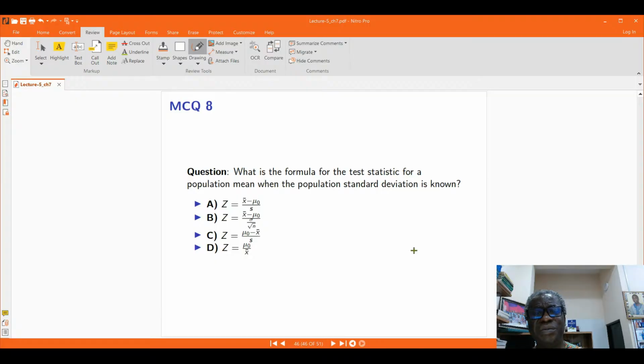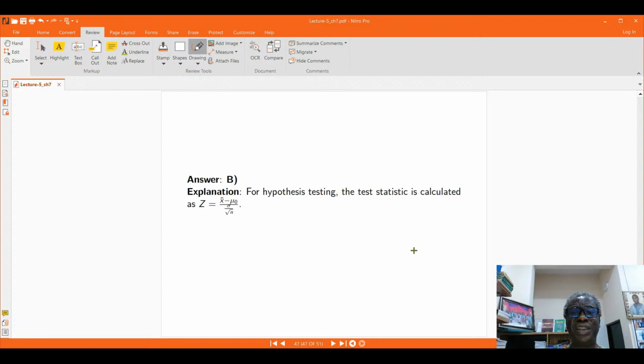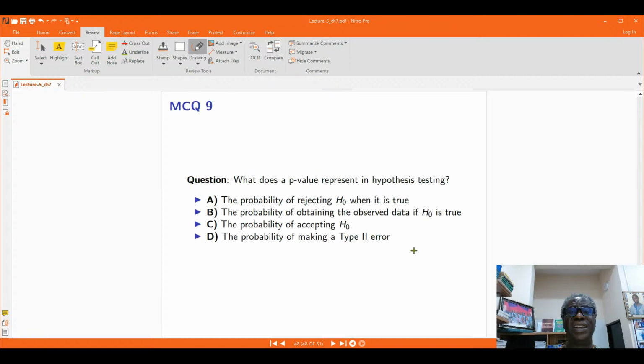Question 8. What is the formula for the test statistics of a population mean when the population standard deviation is known? The correct answer here is B. Straightforward. So the correct answer is B. Question 9. What does a p-value represent in hypothesis testing? We've said it before.